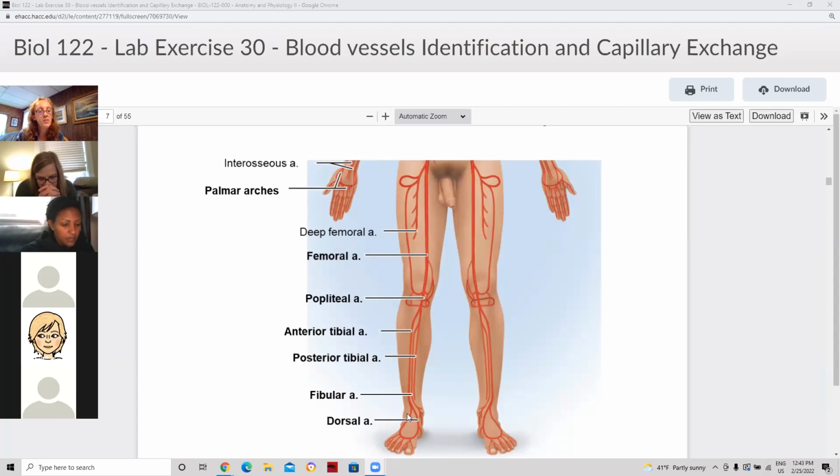You remember, this is the part of your foot that you're looking down at when you're looking at your toes, the dorsal side of your foot. So it's actually called the dorsalis pedis because it's a foot. Dorsalis pedis artery. Questions?